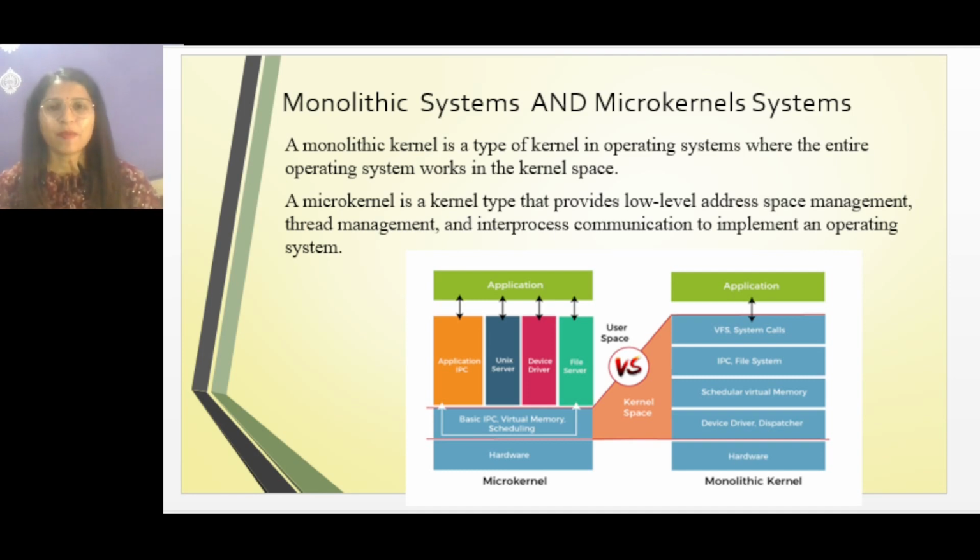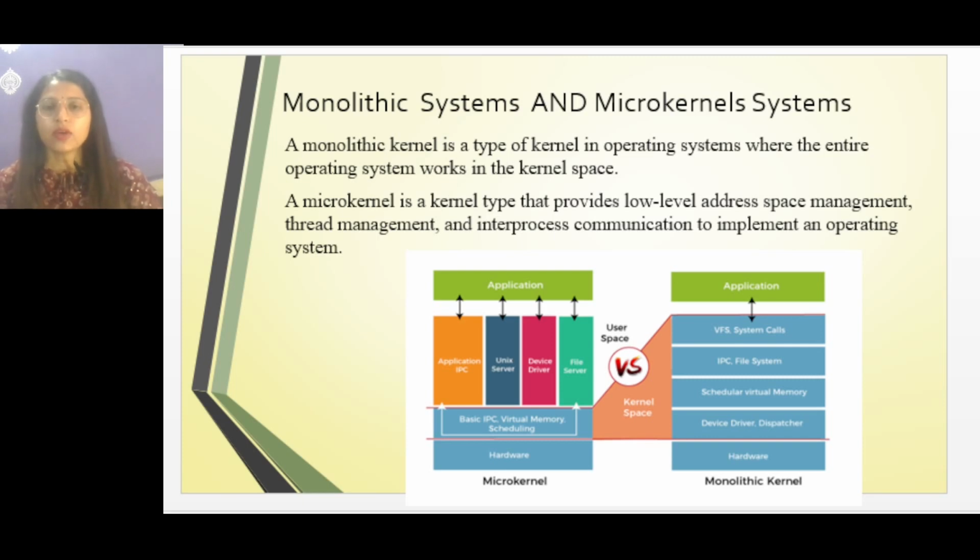Next, we'll study the monolithic system and the microkernel system. What happens in the monolithic structure? In the monolithic structure, the entire operating system works in the kernel space. What do you understand by kernel? Kernel is the core component of the operating system, or you can say the heart of the operating system.